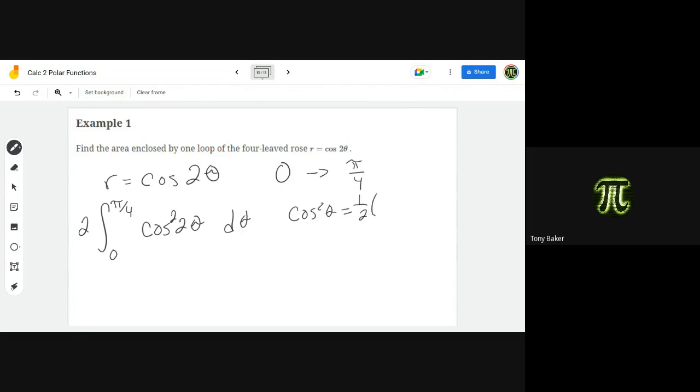I always get that mixed up. 1 plus cosine of 2 theta. So I already have 2 theta here. So this is actually the integral of 1/2 1 plus cosine of 4 theta.